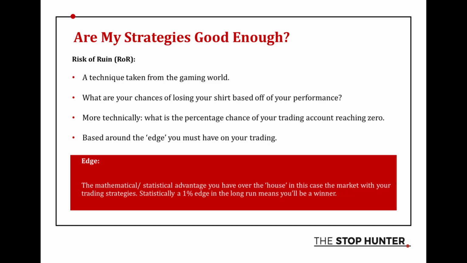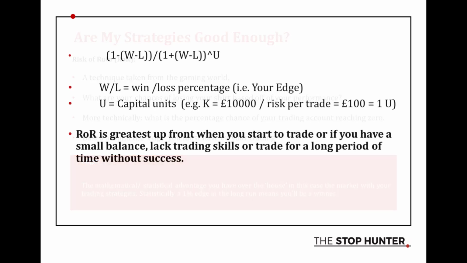And one of those formulas that you could use possibly is the risk of ruin formula. So don't worry about the formula, it's not all that complicated. You just have to plug in some pretty basic numbers as it explains there. But what I want to take away from this is that the risk of ruin is greatest up front when you start to trade, or if you've got a small trading pot balance, you lack the trading skills, or you trade a long period of time without success.